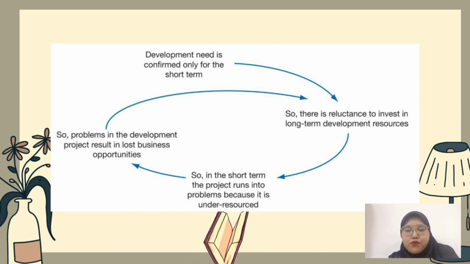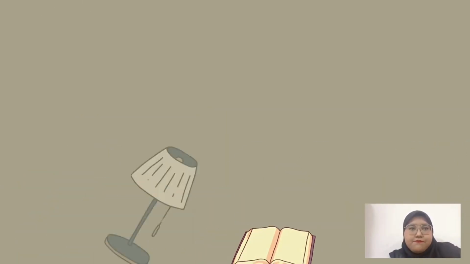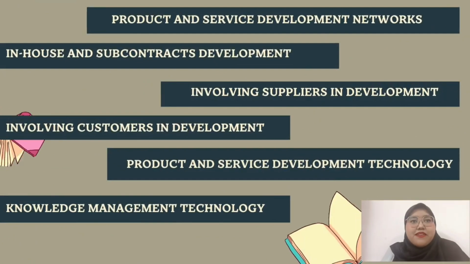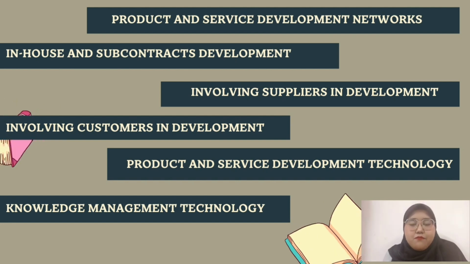Next, in-house and subcontract development. The company needs to choose whether to do their development in-house or outsource. Product or service development in-house is much easier to control as the staff are much more familiar with each other. Thus, less control is needed.